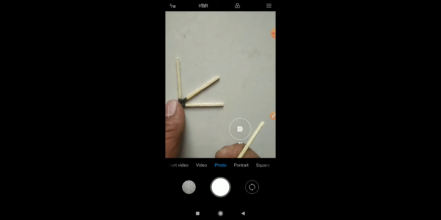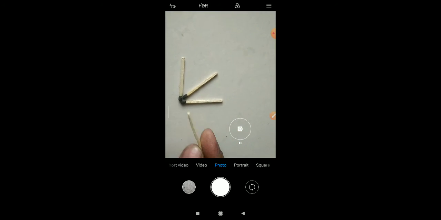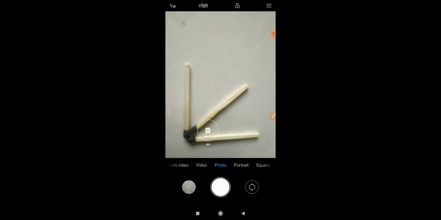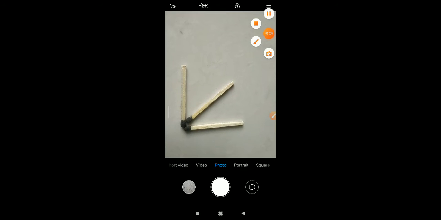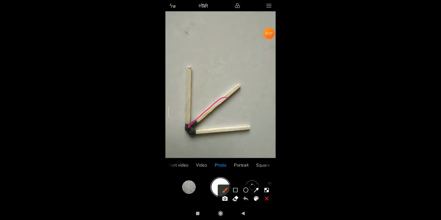Now if the measure of these two adjacent angles together is 90 degrees, then these angles are called complementary angles. This and this, both angles' measures add up to 90 degrees. Here you see the interior portion is different for both the angles.